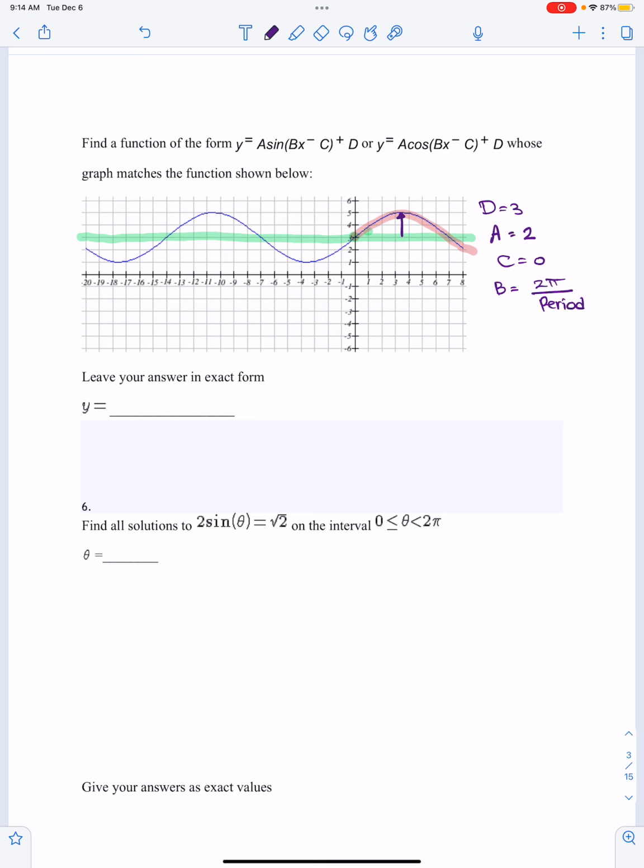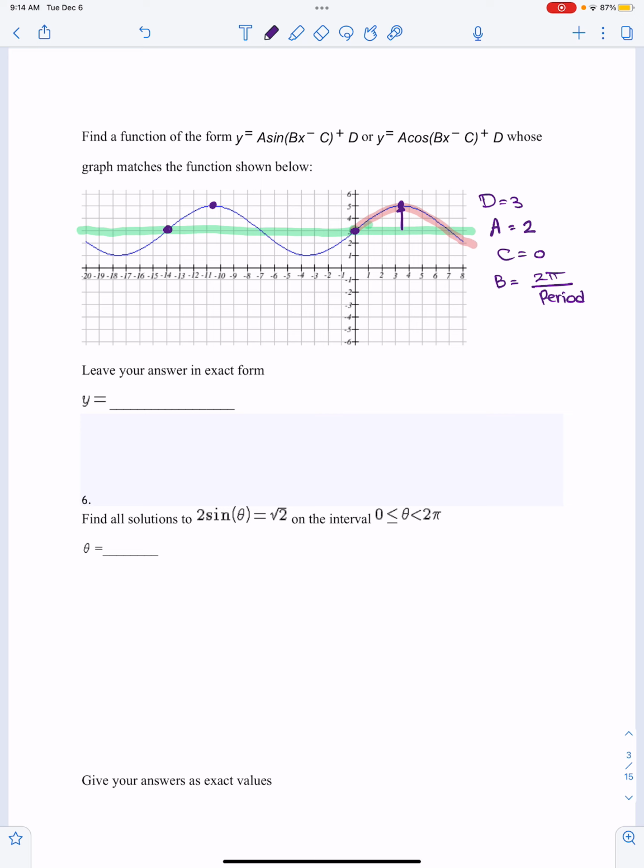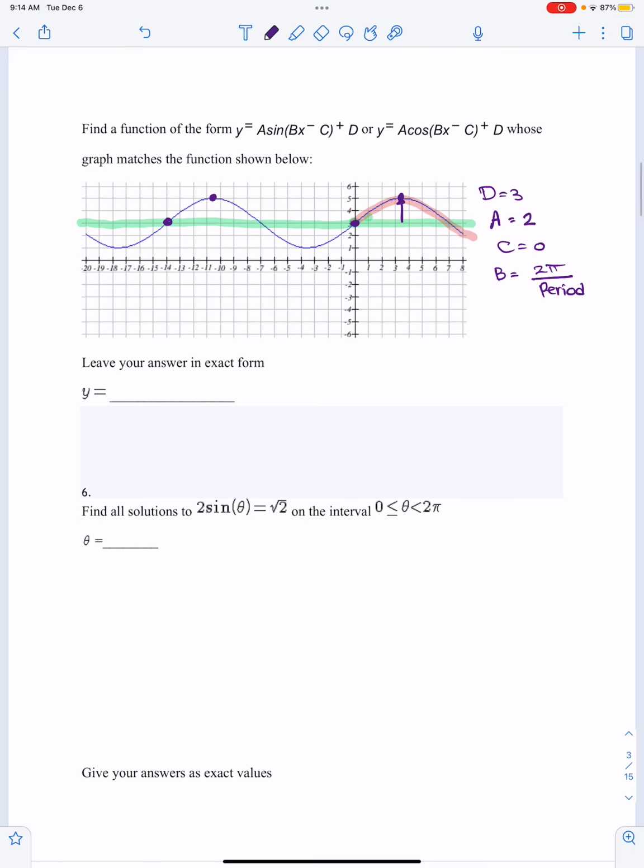We can find the period if we find the distance between two valleys or two mountains, or I could say the distance between 0, skip 0 to the other 0. That is another period as well. So if you do that, you'll find that the period length is equal to 14.